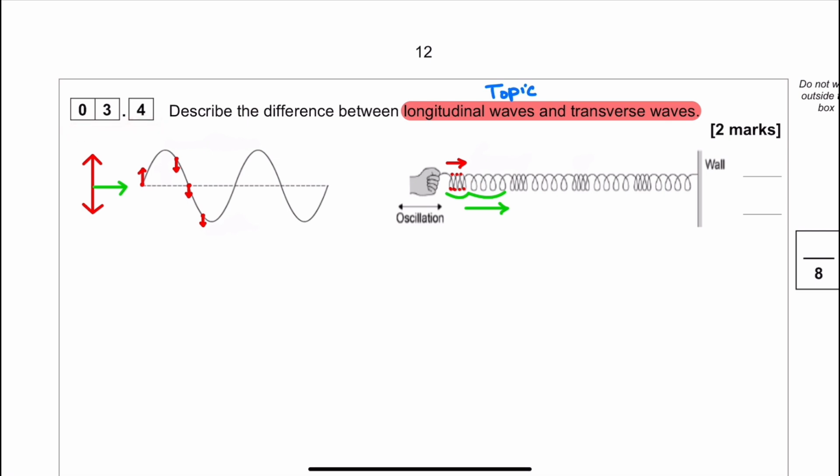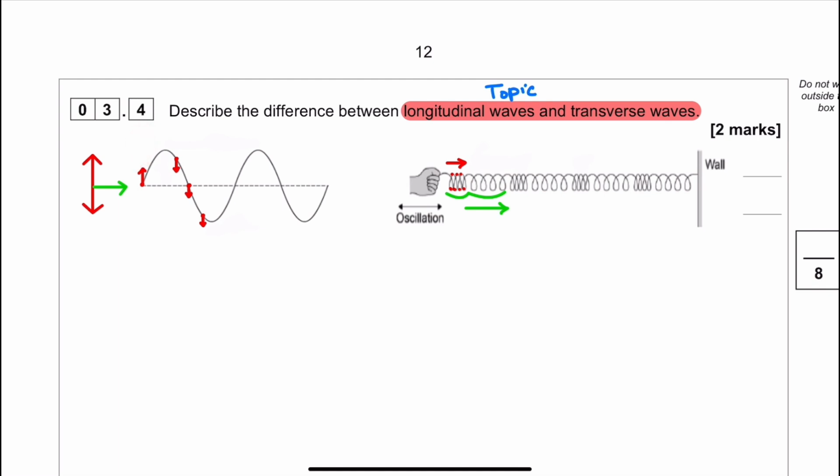3.4 is from the topic of longitudinal waves and transverse waves. Describe the difference between the longitudinal waves and the transverse waves. We can see in the diagram the movement of the particle is perpendicular to the motion of the wave. The wave pattern is going forward, whereas the movement of the particles of the medium is up and down.